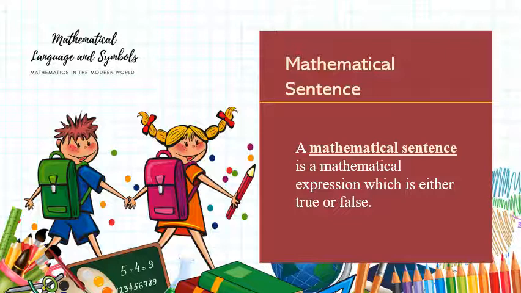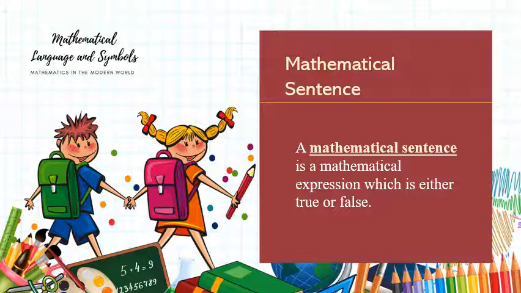A mathematical sentence which is true or false depending on the value of unknown quantities is called an open sentence. Thus, x minus 5 equals 20 and x squared minus 10x plus 25 equals 0 are examples of open mathematical sentences.